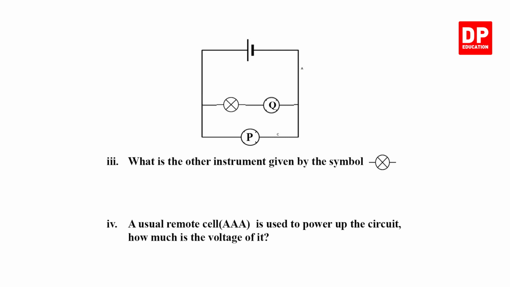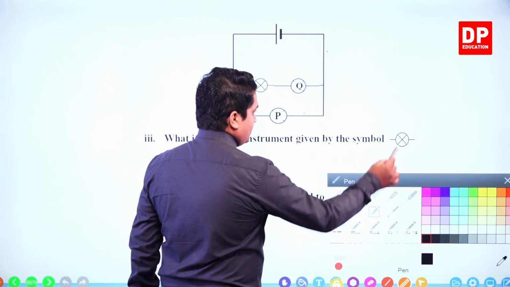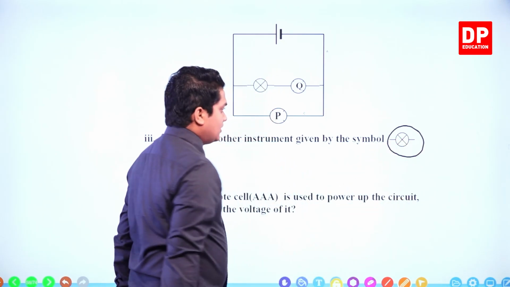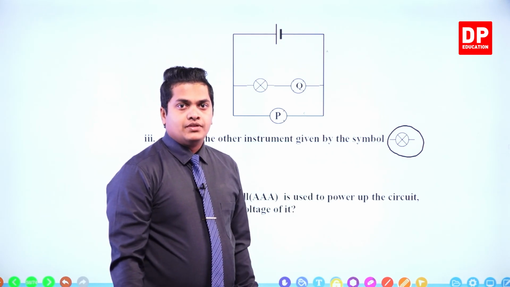Next one. What is the other instrument given by this symbol? So, what is this symbol? My dear children, it is the bulb.